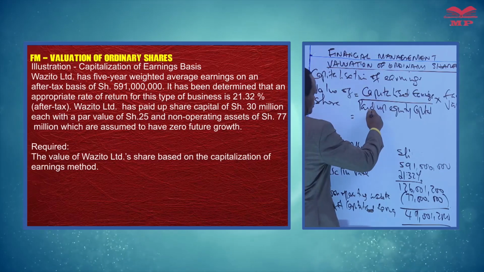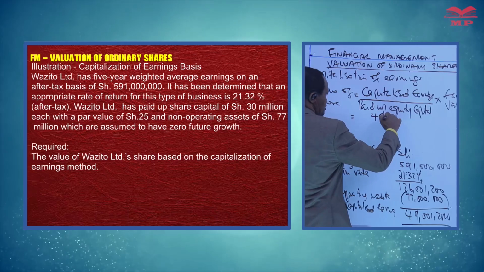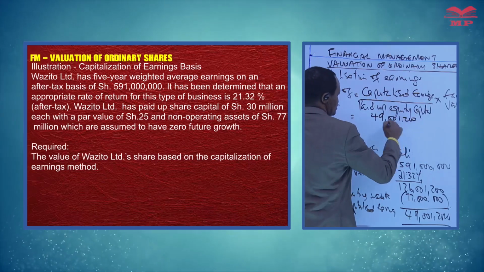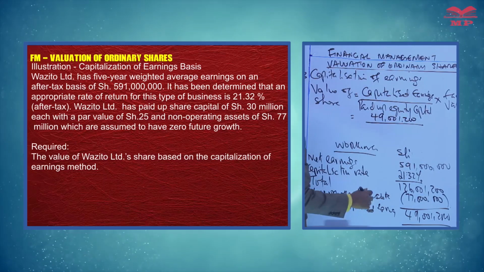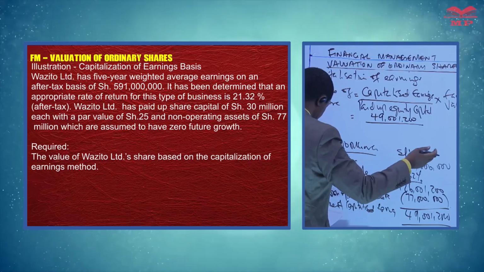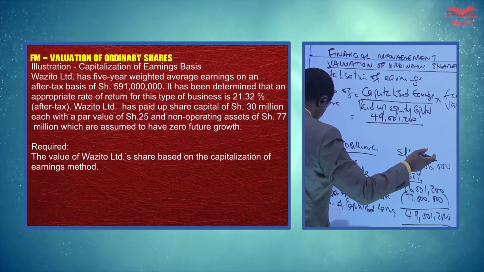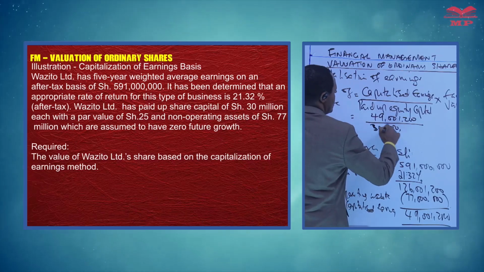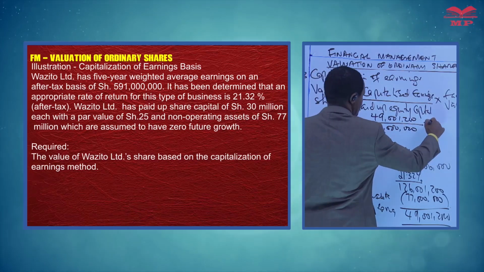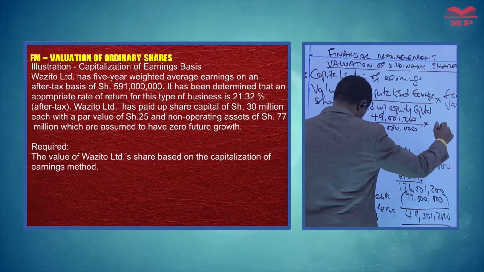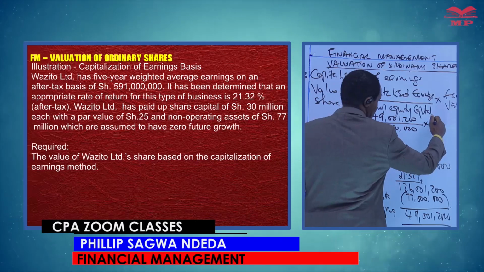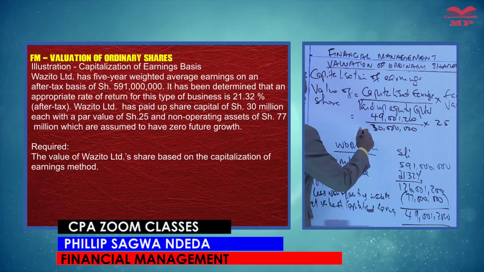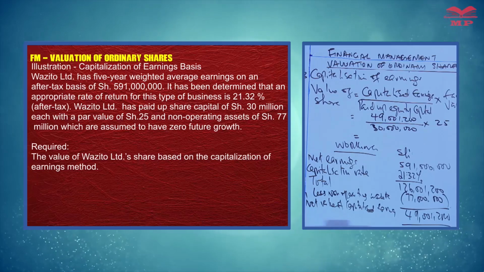This is equal to 49,001,200 divided by the paid up equity, which is 30 million times the face value of 25 shillings. So what is the value of the share?